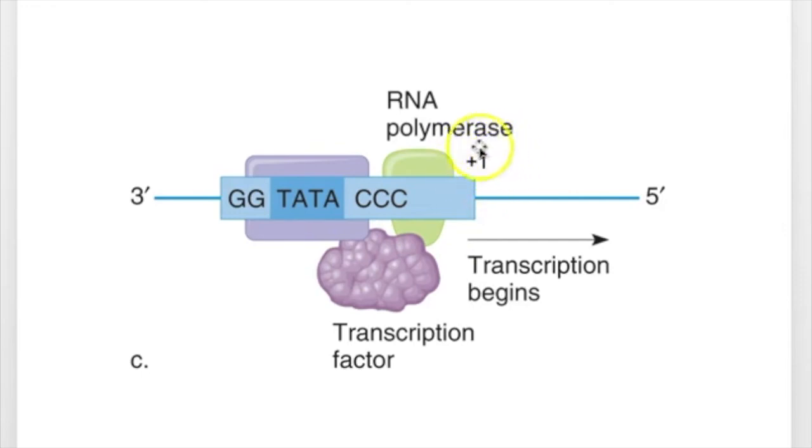So the +1 region is where RNA polymerase actually begins synthesizing the mRNA. Everything behind the +1 base is called upstream. Everything after it is called downstream. So this is more terminology.